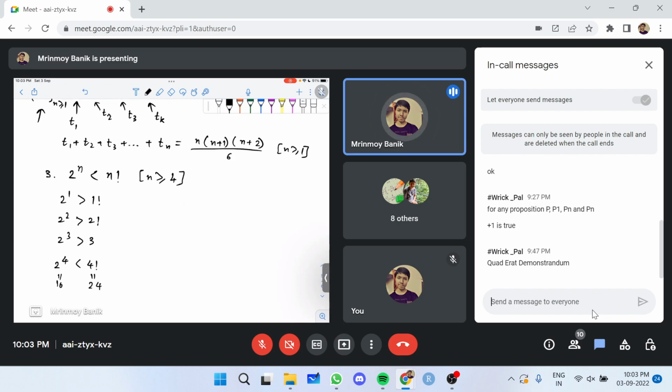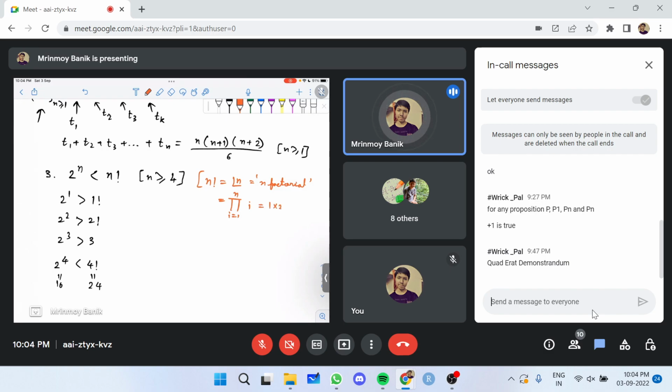I hope every one of you is familiar with this factorial notation, right? So n factorial, or some might write it with this angle notation, is spelled as n factorial. So it's the product of the first n natural numbers.